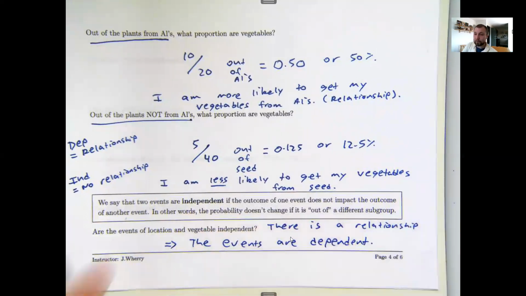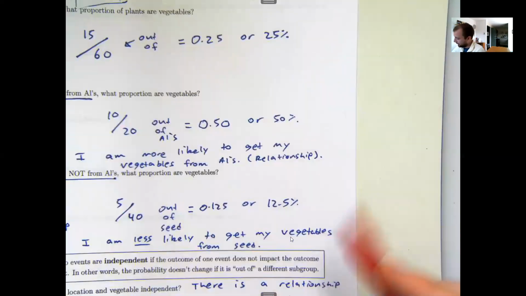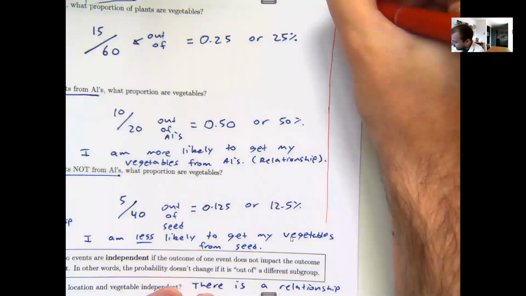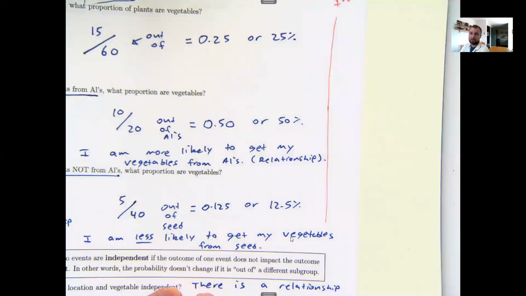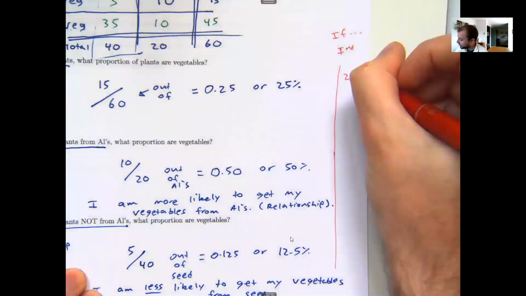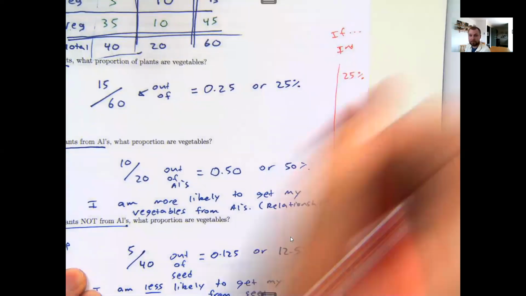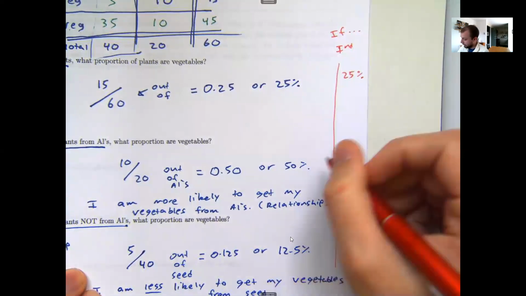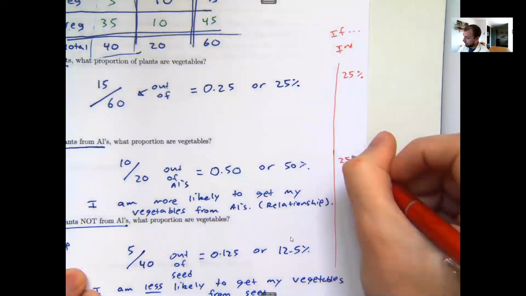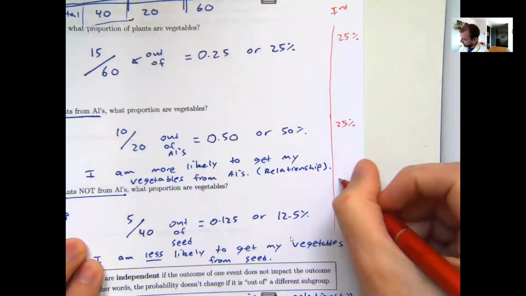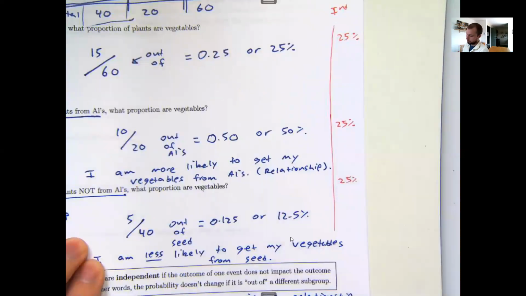If you're wondering what it would look like if it's independent, I'm just going to write that to the side here as a what if. If it happened to be independent, you might see something like this, where 25% of all of the vegetables in my garden came from the plants, 25% of things from owls are vegetables, and 25% from seed are vegetables.